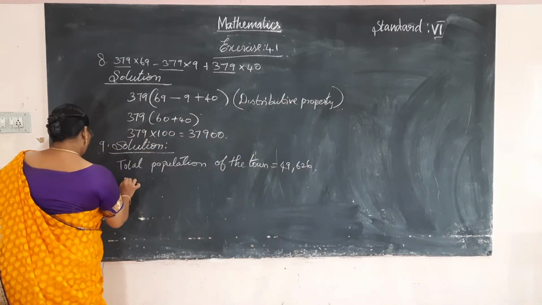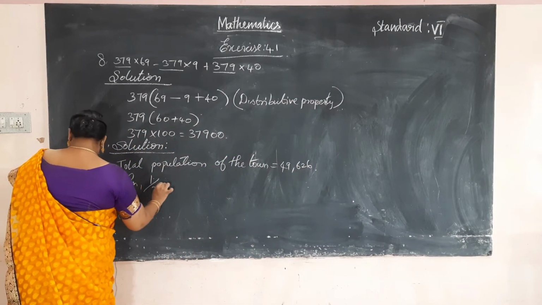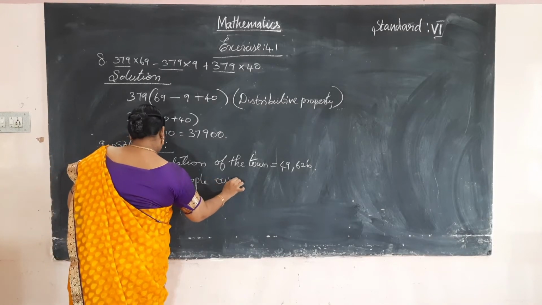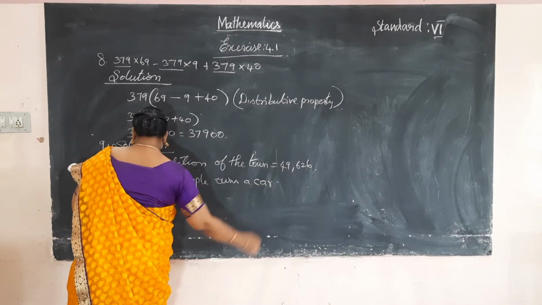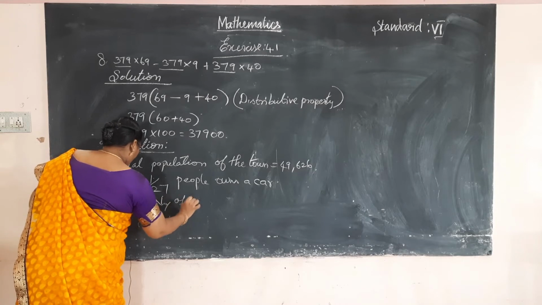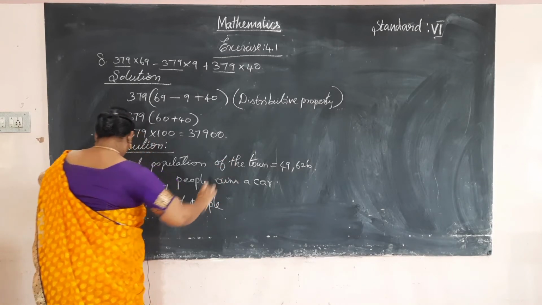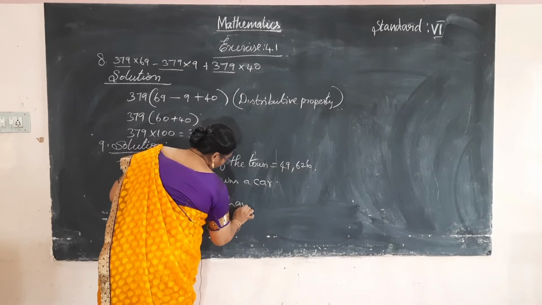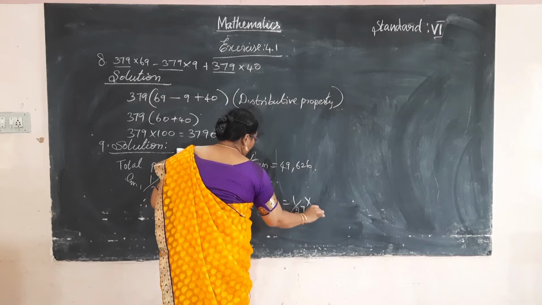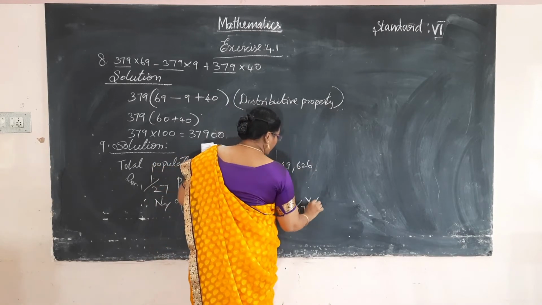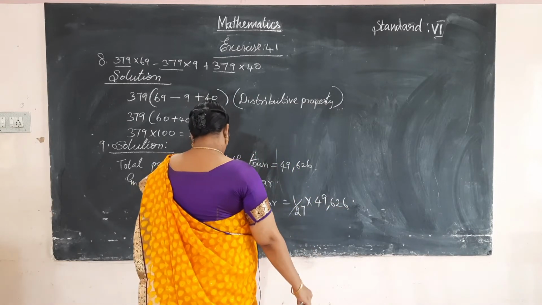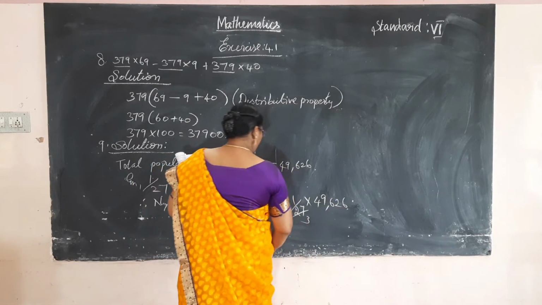Given, 1 by 27 people own a car. Therefore the number of people who have a car is equal to 1 by 27 into 49,626, the ratio times the total. So you cancel using the 9 table: 3 nines are 27, 9 fives are 45, remaining 4, 46.